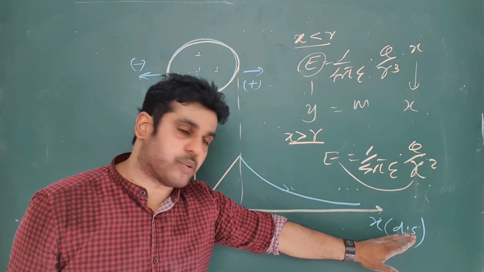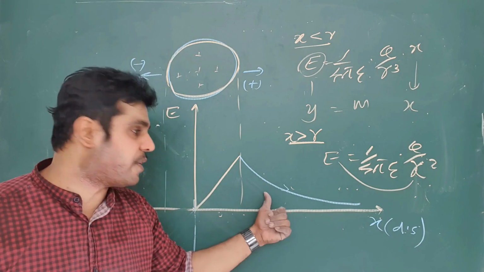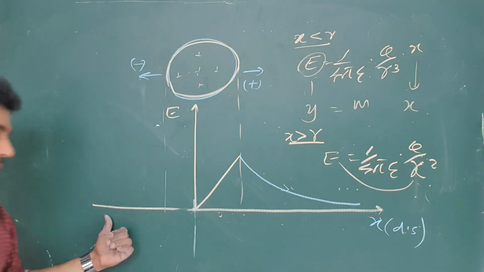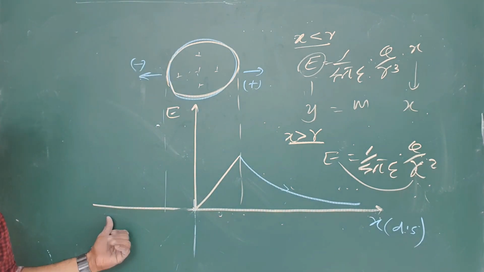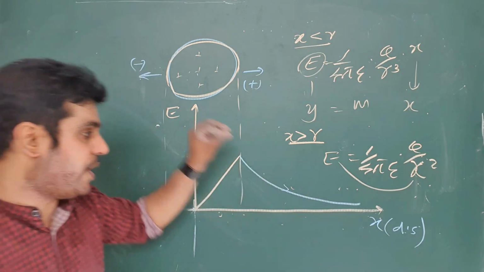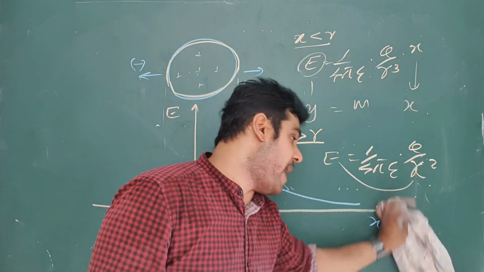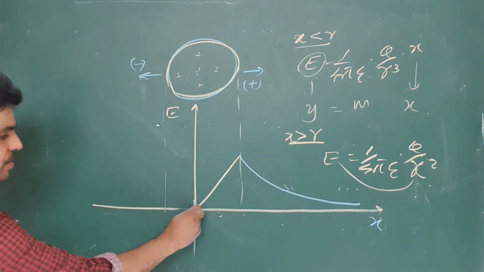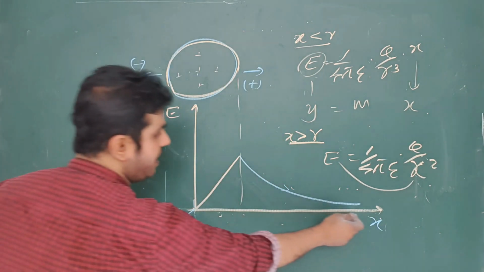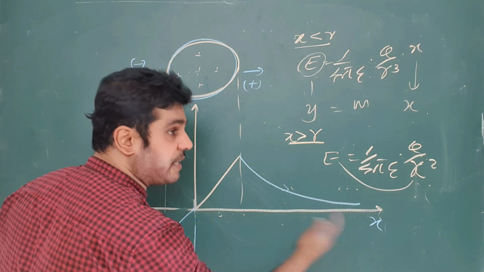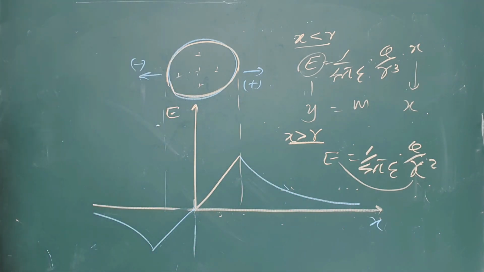When they ask about the distance, you can draw this part only. When they ask about the variation of electric field intensity along the x-axis, at that time you can draw this part also. Now this is the variation of electric field intensity along the x-axis.